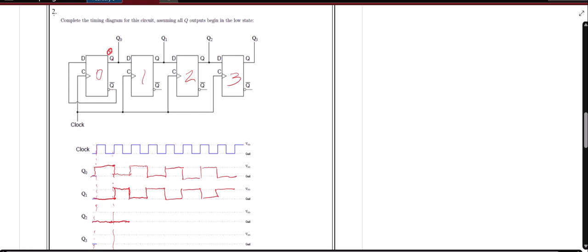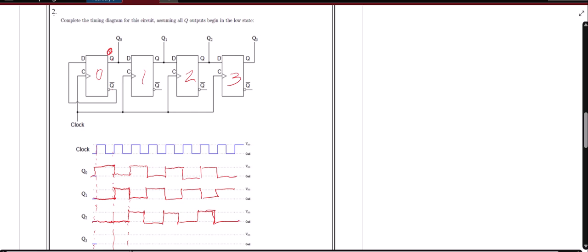But when we get to the next positive edge of the clock, when it looks back to see what Q1 was, it was 1, so it'll become 1. And then from then on, it's going to be the mirror image of Q1.